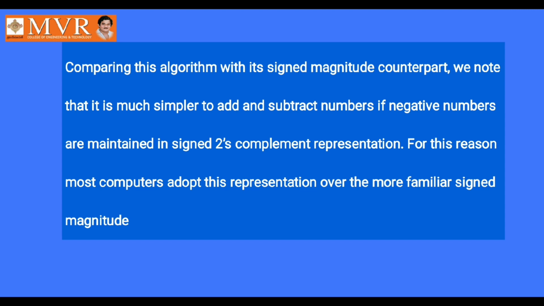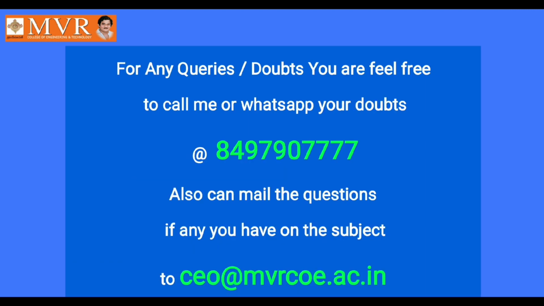You got my point? So this is about arithmetic addition and arithmetic subtraction in computer arithmetic operations, and in our next class we will discuss the multiplication operation in one session and the division operation in another session.